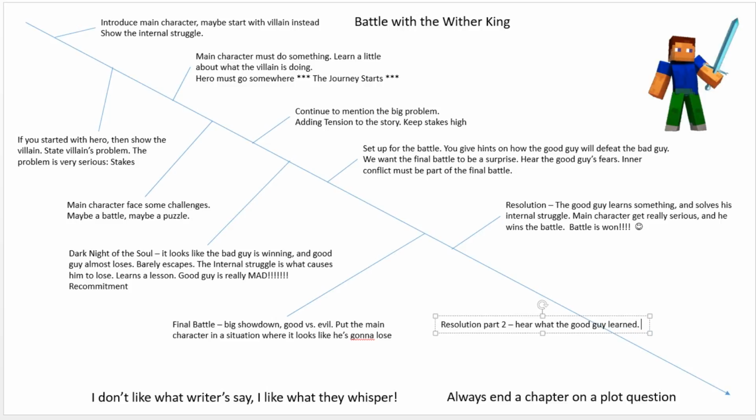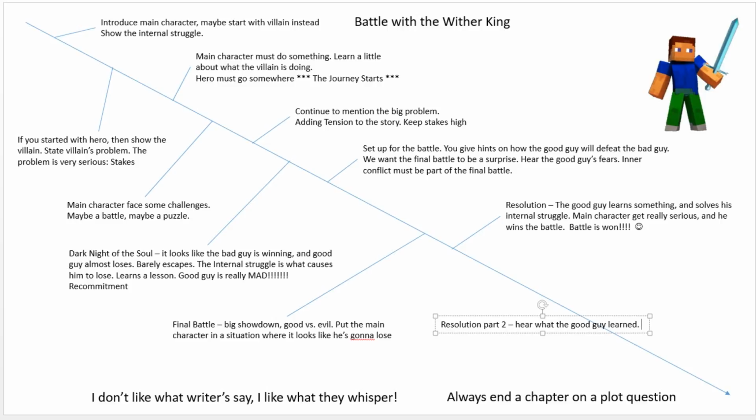We want to hear him say it. We want to hear him say, wow, I just realized that I'm brave after all and I'm a good warrior. Or he makes friends with the bully and you can see that they're friends now and they smile and laugh together because now they understand each other or something. So you want to hear what's been learned.